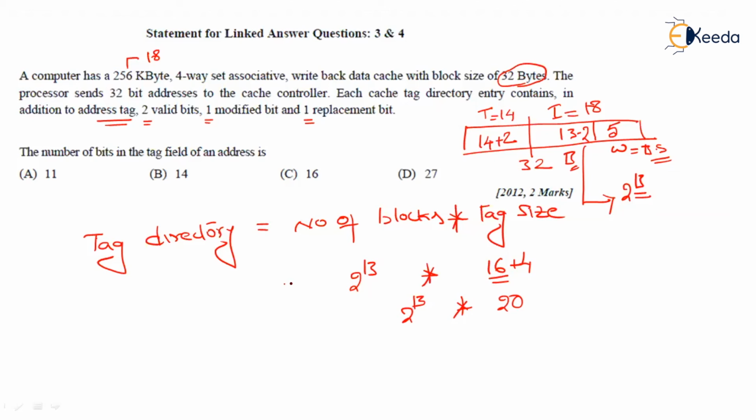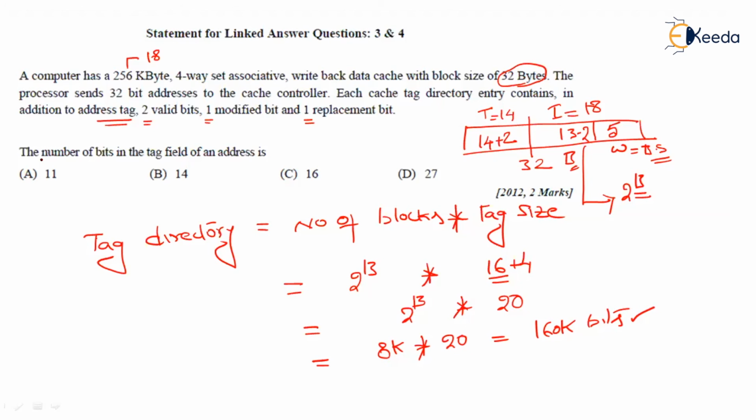So the tag directory size is 2 power 13, which is 8k, into 20, which is equal to 160 kilobits. 160 kilobits is the answer.